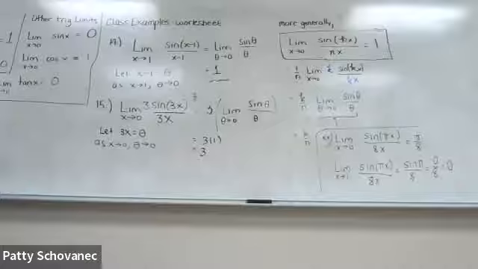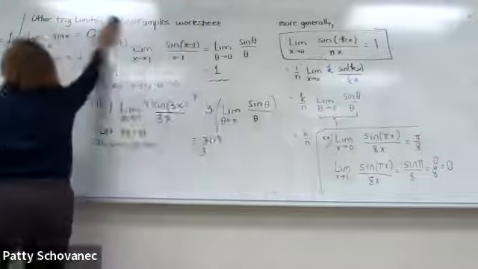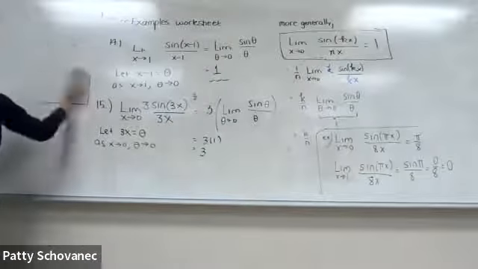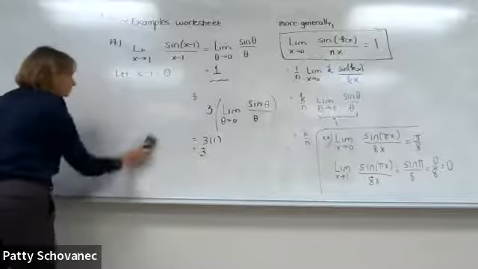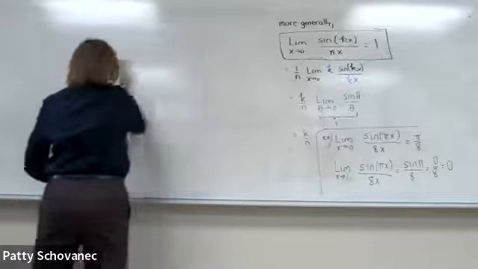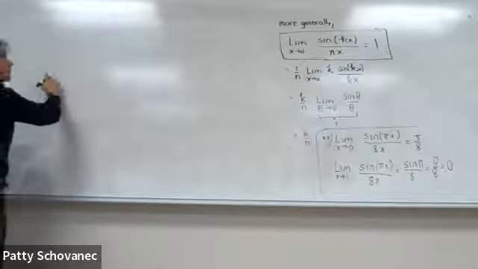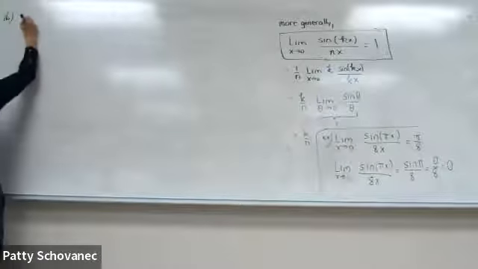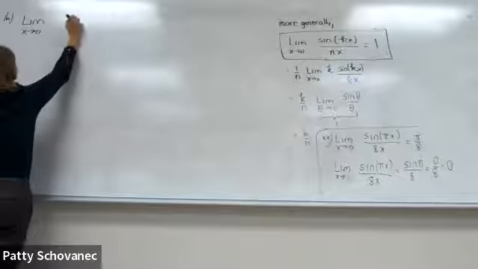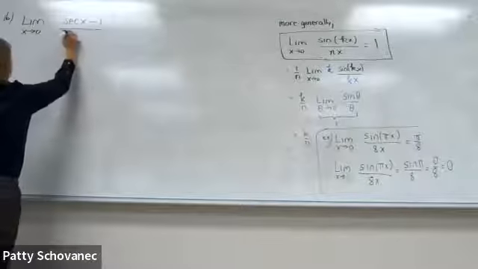Let's look at 16. 16's got a secant function in it. The limit as x goes to 0 of secant of x minus 1 divided by x times the secant of x.